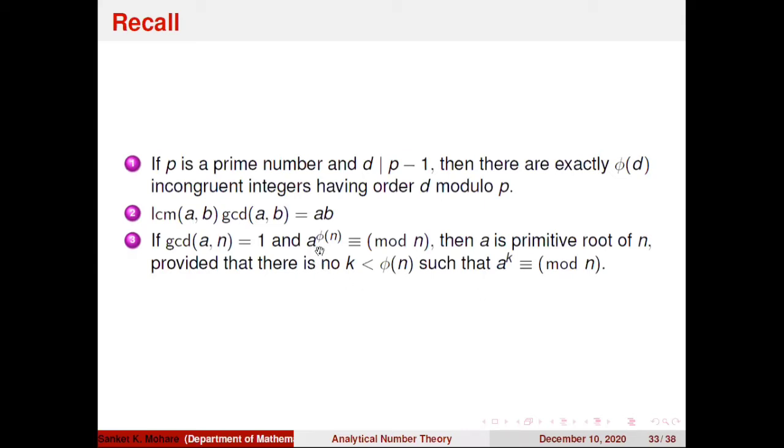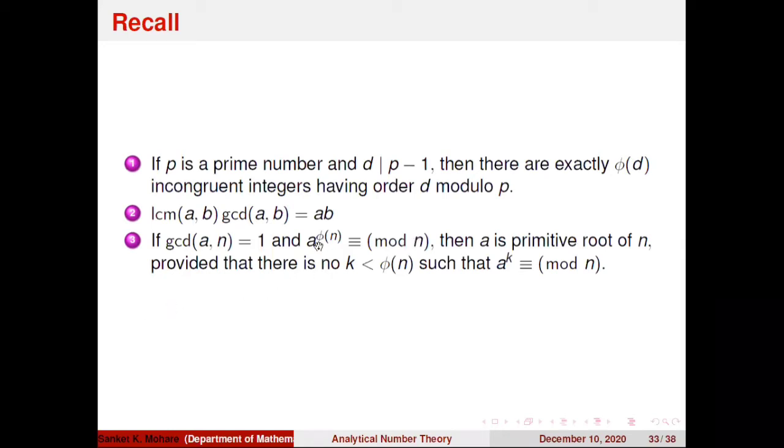So if GCD of a comma n is equal to 1 and a to the power phi of n is congruent to 1 modulo n, then only we say that a is a primitive root of n, otherwise not.